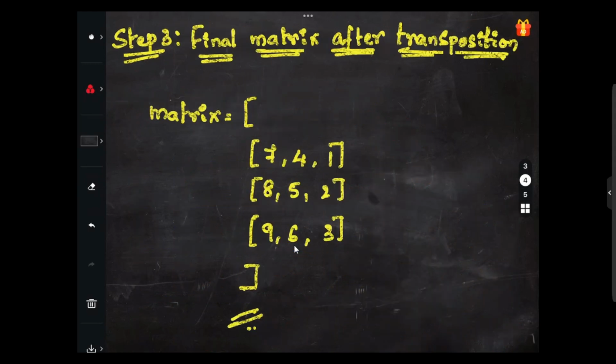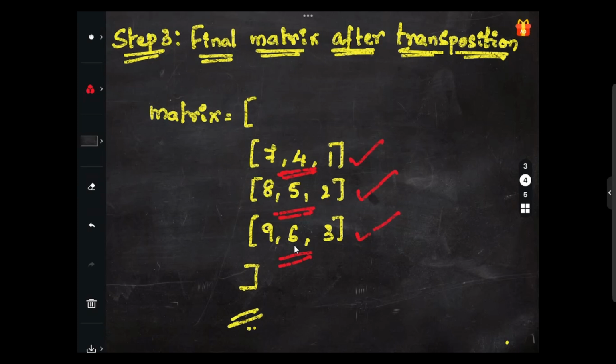I hope this is clear. So the final matrix after the transposition that we get here is 7 4 1, 8 5 2 and 9 6 3 here, right? I hope this is completely clear. This is the final matrix after this transposition.